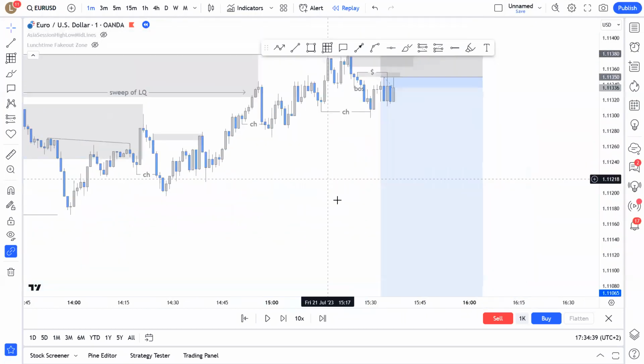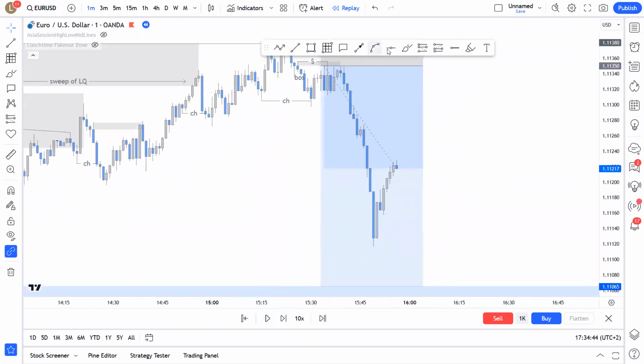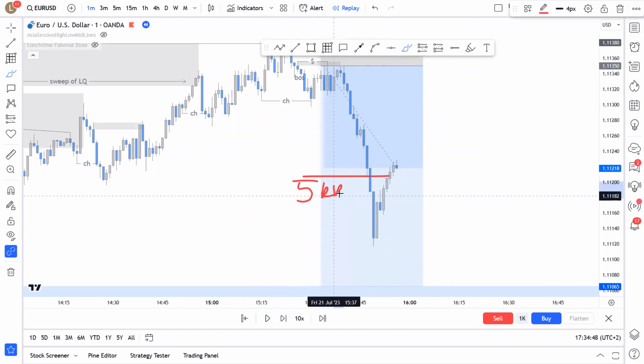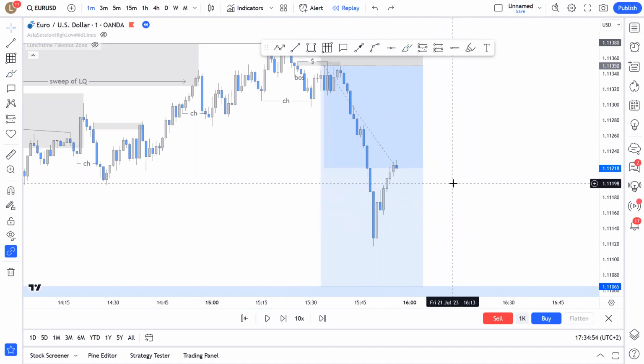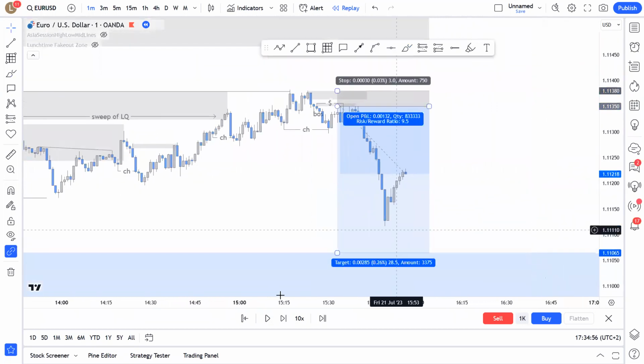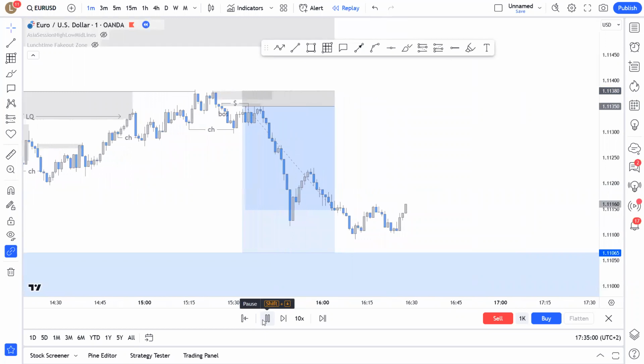So yeah, after this one, it just melted down. I took partials somewhere around here at 5 risk-reward ratio. I removed 50% of my whole lot size at 5 risk-reward ratio. Then it's still currently running. Let me just play price forward real quick.